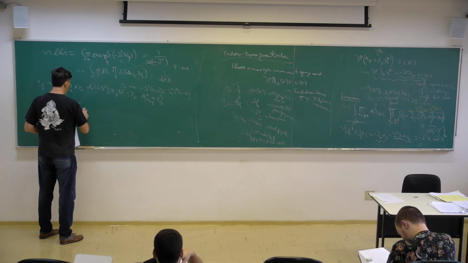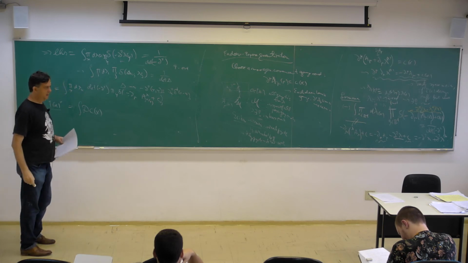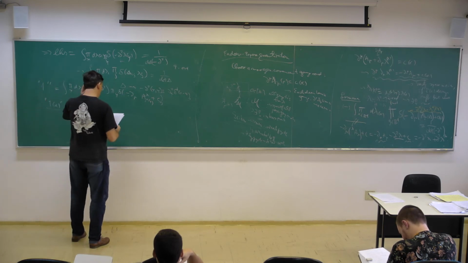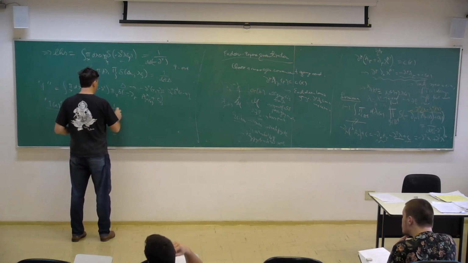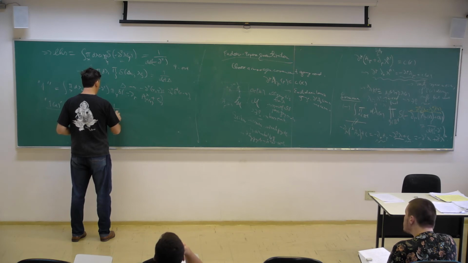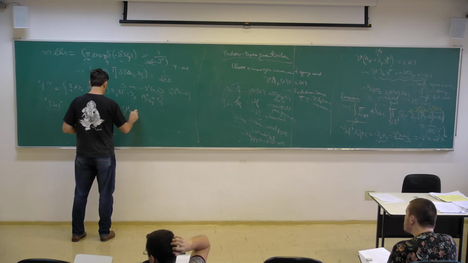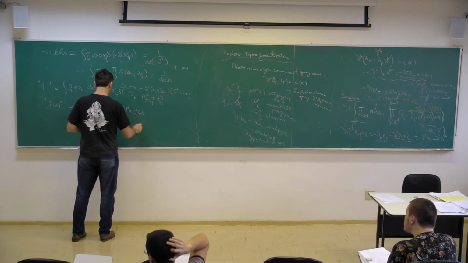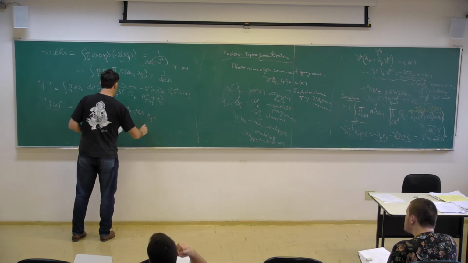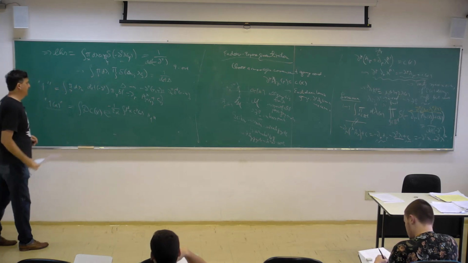So this 1 of lambda, by this I mean path integral over c of x, e to the minus 1 over 2 alpha, integral c squared of x, times this 1, right?